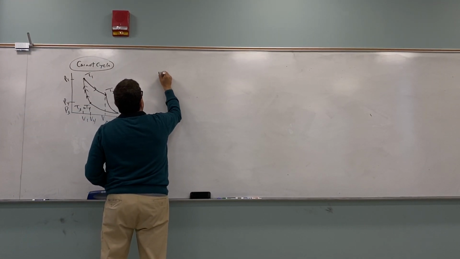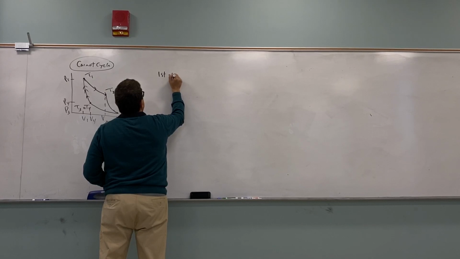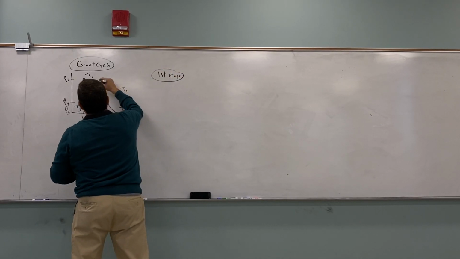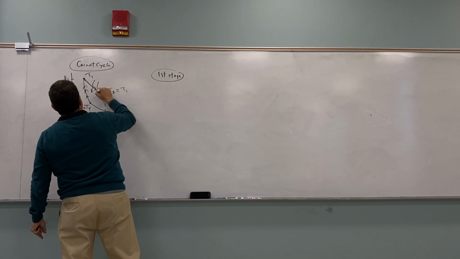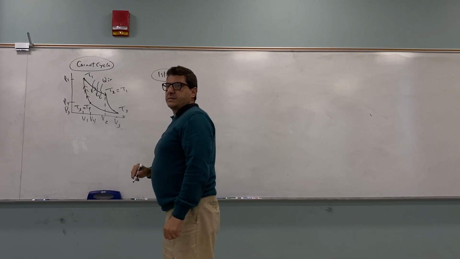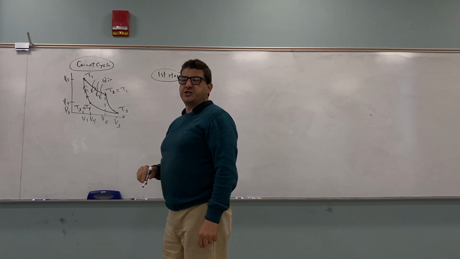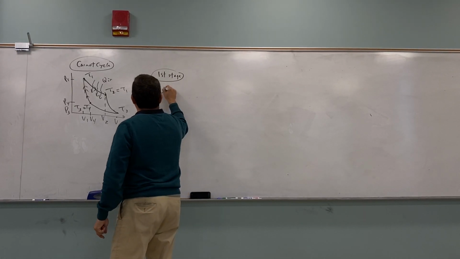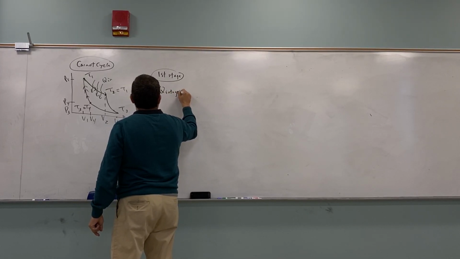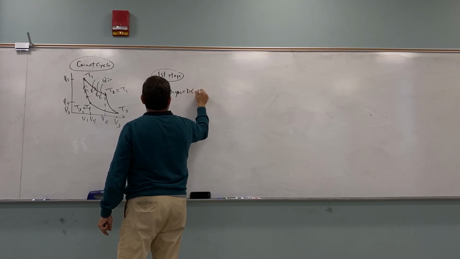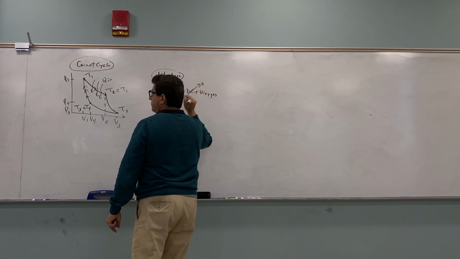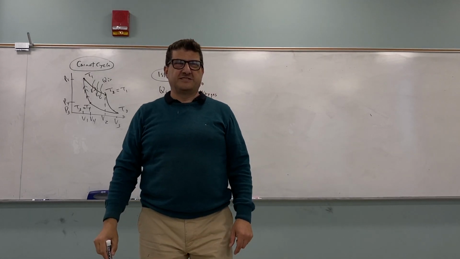In the first stage, which is isothermal, heat is coming in. Q in. How much heat is coming into the gas? It's delta E plus the work done by the gas. But remember, delta E was 0 in isothermal.